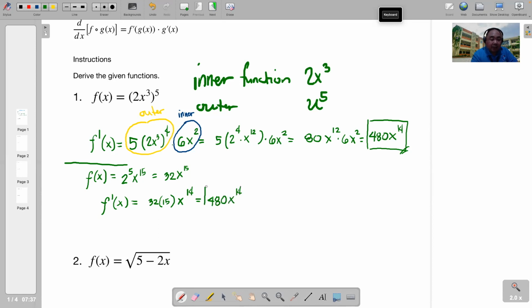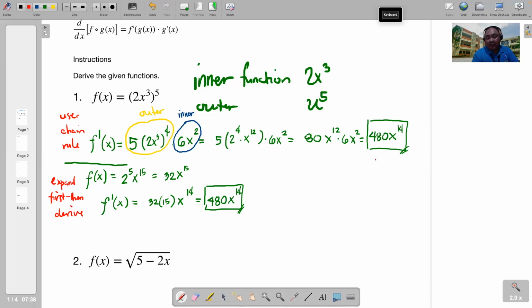You will see that in both approaches, whether you did the chain rule or whether you expand first before you derive, you get the same answer. So here you are seeing two approaches to the same problem.